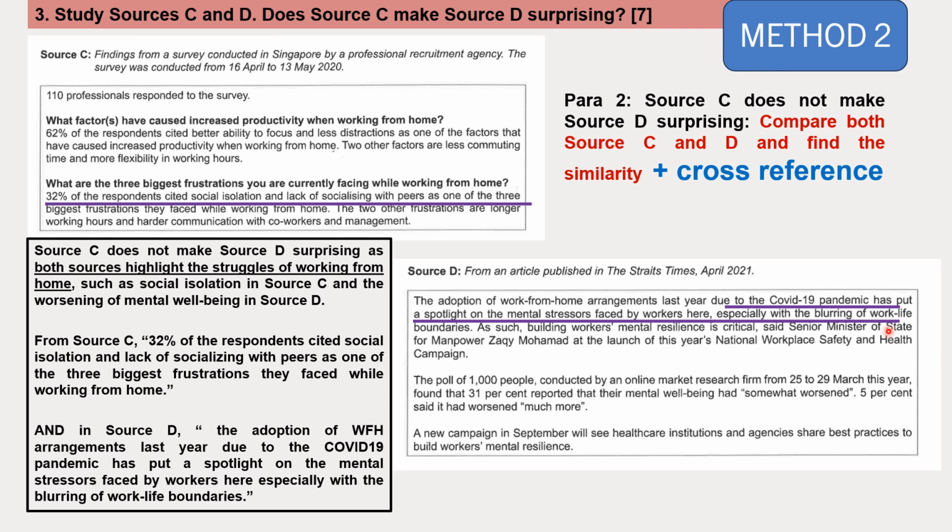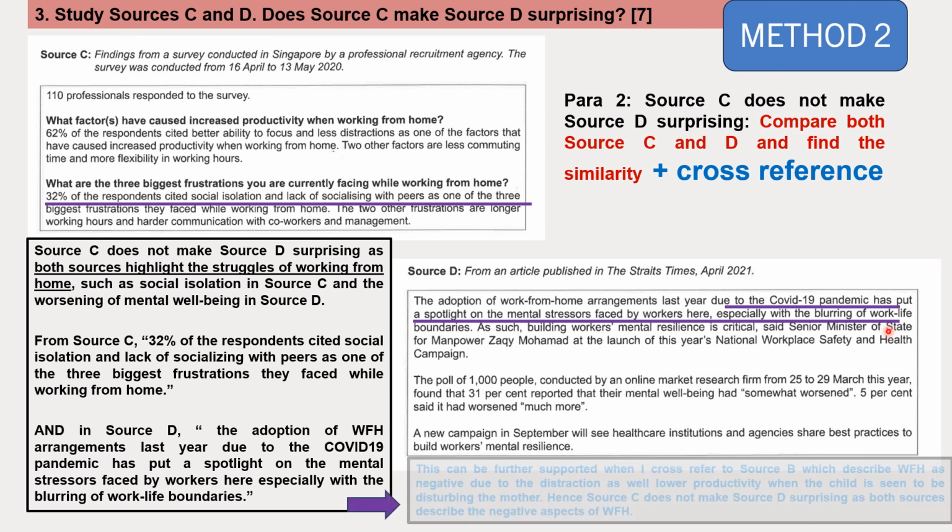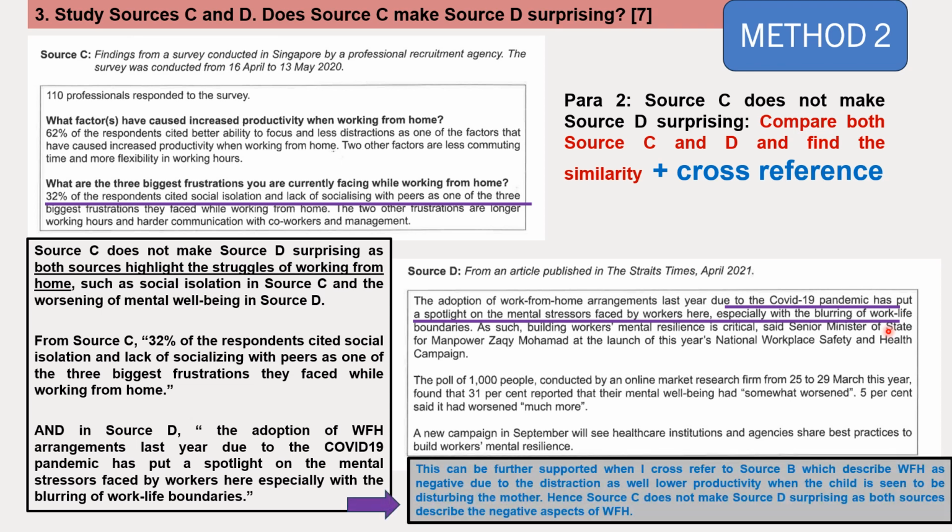So what I do next is cross-reference to a source that also tells you that it's not surprising because whatever is happening is the truth. I cross-reference to source B, that working from home is negative. It can be distracting. So source C does not make source D surprising because both of them are similar in showing the struggles of working from home.